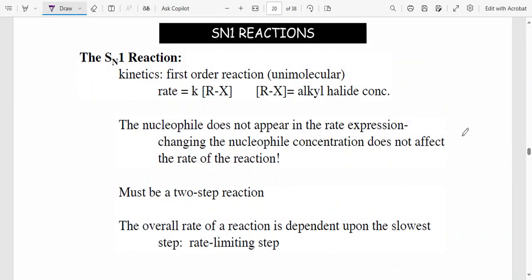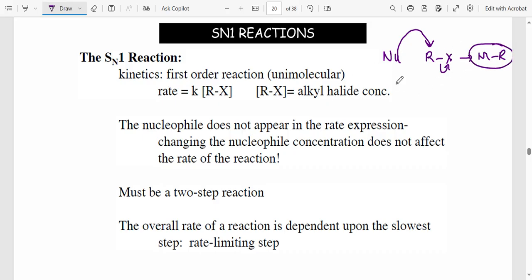SN1 reactions, as I said earlier, they only involve one step. You are just going to have the nucleophile attacking the alkyl halide. This bond then breaks, and then you form the nucleophile attached to the other group.